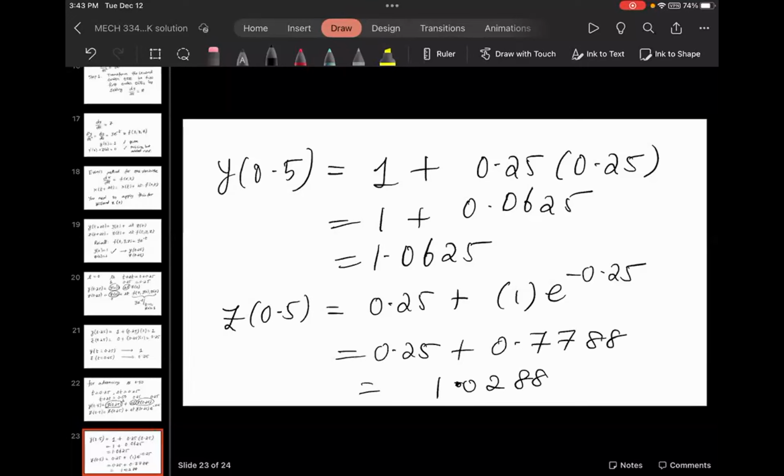So you would put this in the table and fill up the second row. So now we have done 2 time steps.